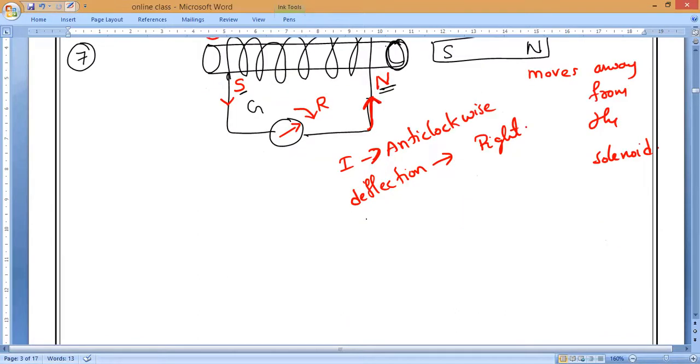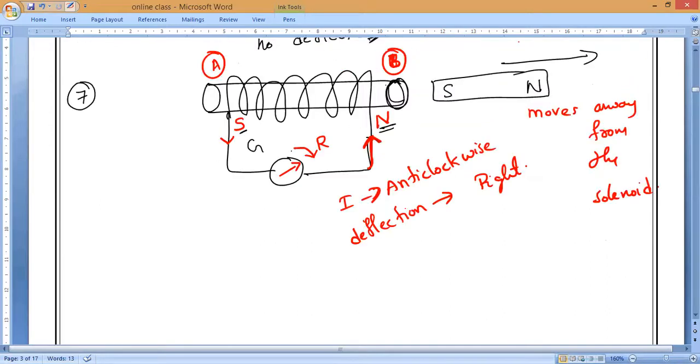Now you remember the same activity. Here, which one is constant and which one is moving? Can anybody tell me? Here the solenoid is constant and the bar magnet is moving. Yes or no, guys? Please respond. Here a solenoid I kept constant and the bar magnet is moving to and fro.